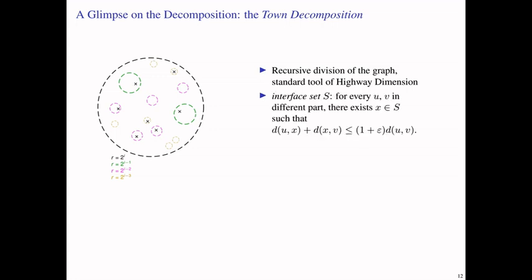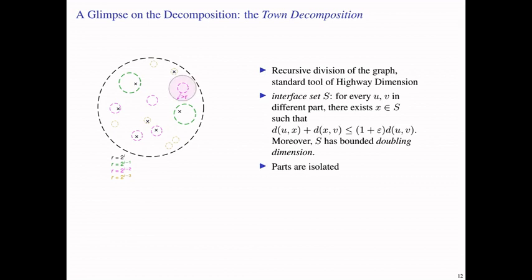So first, for every part, there exists an interface set that has 1 plus epsilon multiplicative error. Going through this interface yields a 1 plus epsilon multiplicative error. So it's better than what we actually want. It's more precise than the interface we are targeting, but it has not constant size. It only has bounded doubling dimension.